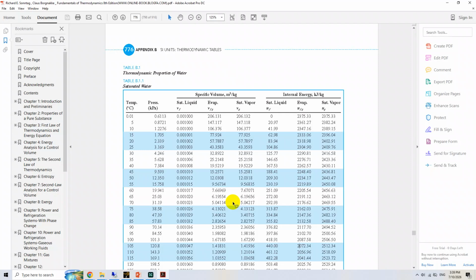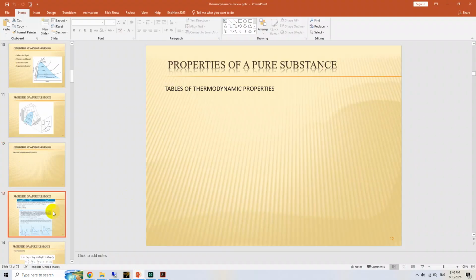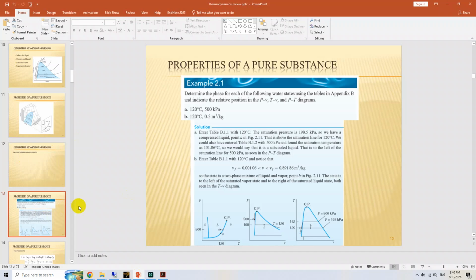You may be familiar with that from previous courses. So we have some examples in this lesson to review the thermodynamic tables.